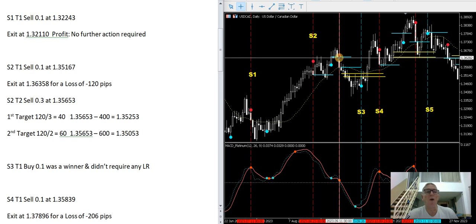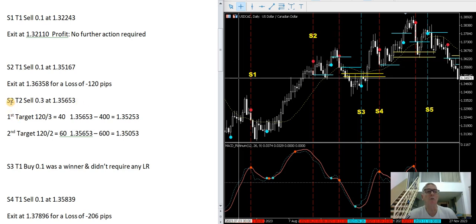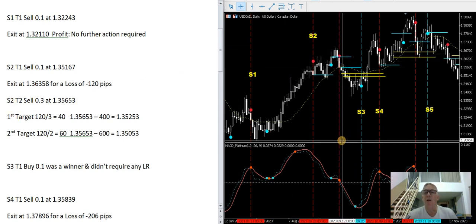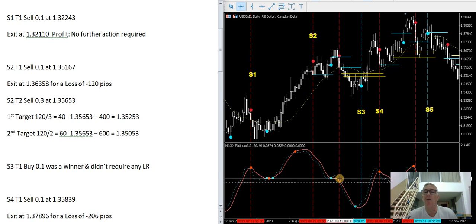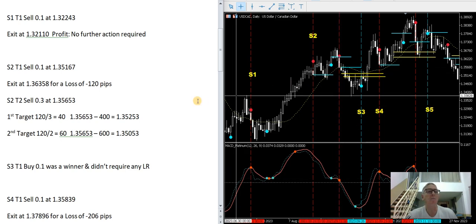This next trade is trade 2, sequence 2, trade 2. MACD Platinum still above the zero level. It's a sell. Take the sell. So that's for 0.3. Remember my sequence, 0.1, 0.3, 0.5, etc. There's the price, 35653. Now, to determine my first target and second target.